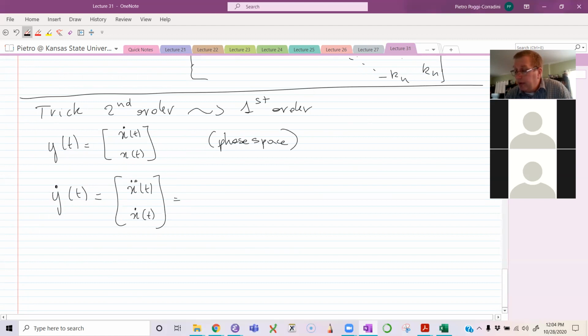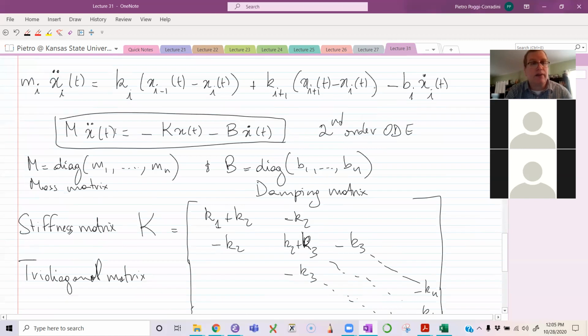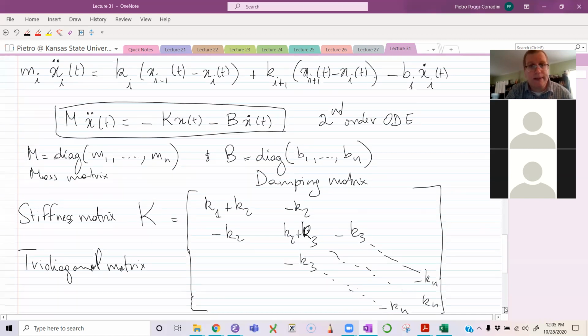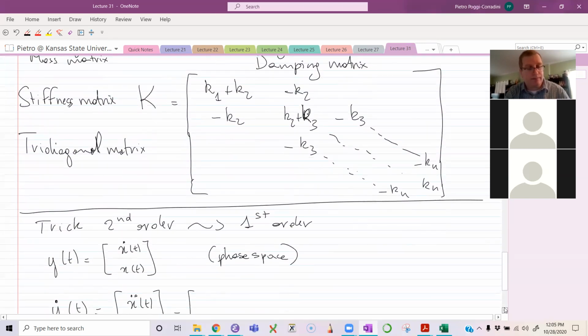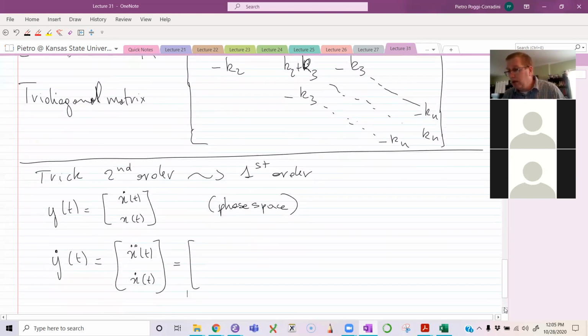And then you can just replace the second derivative by solving for x double dot, multiplying by the inverse of M. So we're going to get minus M inverse B x dot minus M inverse K x.